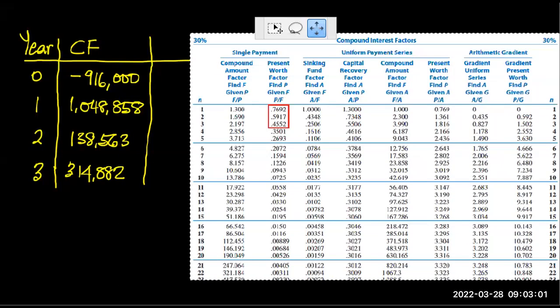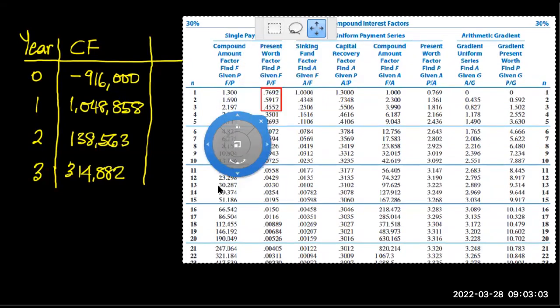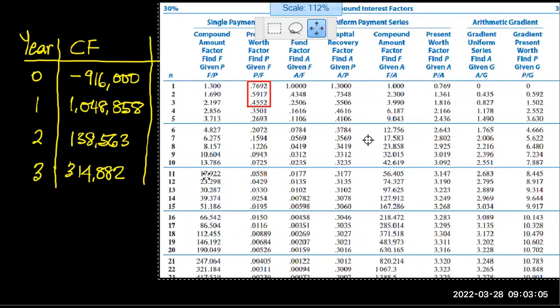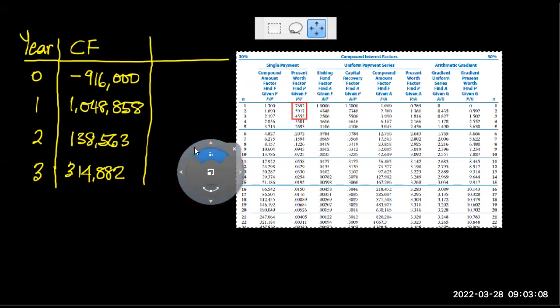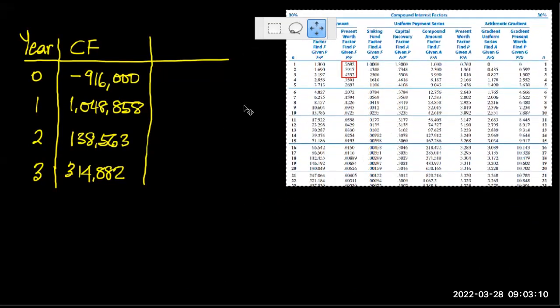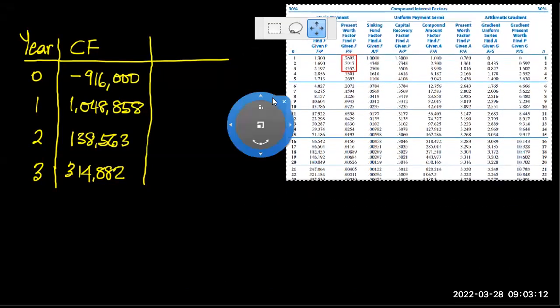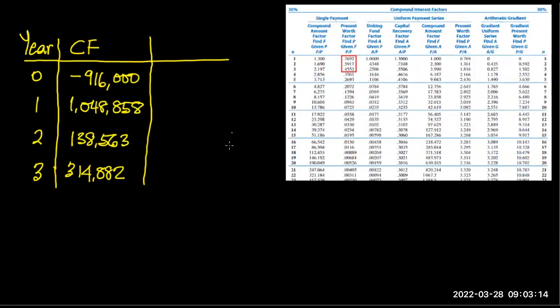Then put it at the corner here so that you can see it. Hope it's clear enough. Okay, so that's it for 30%.